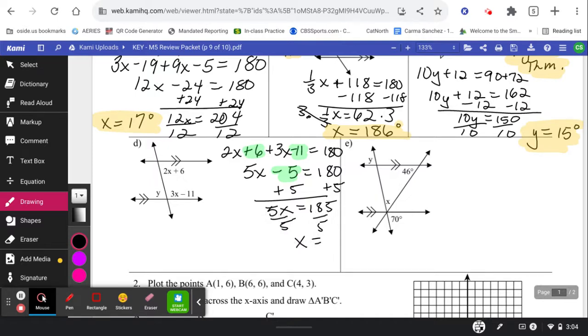So 185 divided by 5. Are you getting 37? And remember that degrees are your units. 37 degrees. Okay, and so the reason for that one is same side interior angles are supplementary.